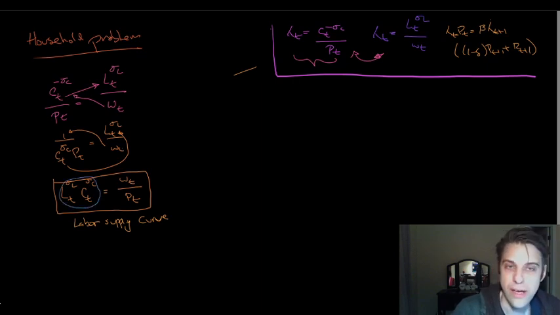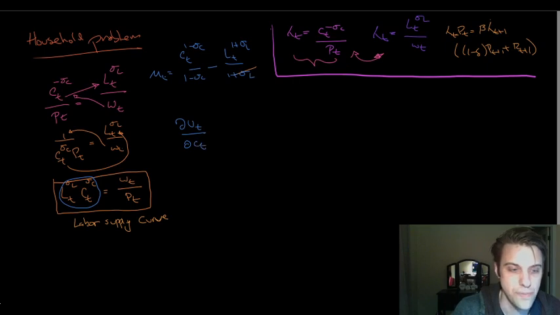And if you go back to our utility function, our intra-temporal utility function, which was this one, Ct to the 1 minus sigma c over 1 minus sigma c minus Lt to the 1 plus sigma L over 1 plus sigma L. You'll see that if you take dUt/dCt, that will be Ct to the minus sigma c.